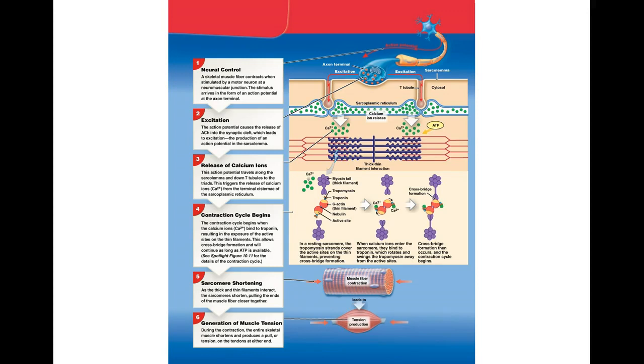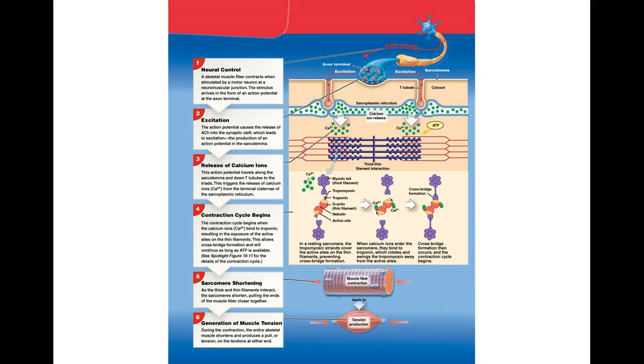The active sites are covered, and the thin and thick filaments pull apart, and the muscle goes back to its original state, and that is shortening and then relaxation.